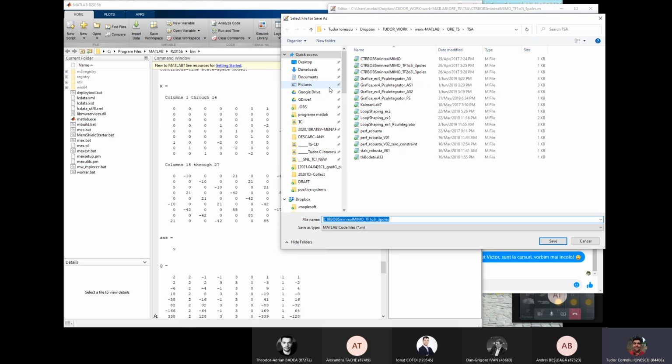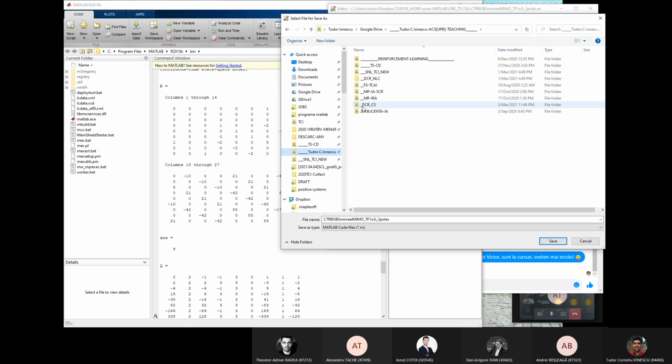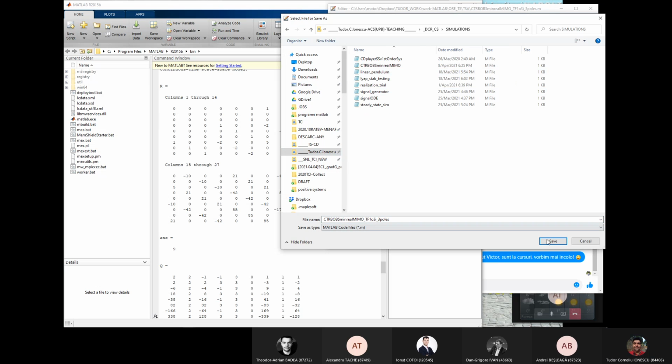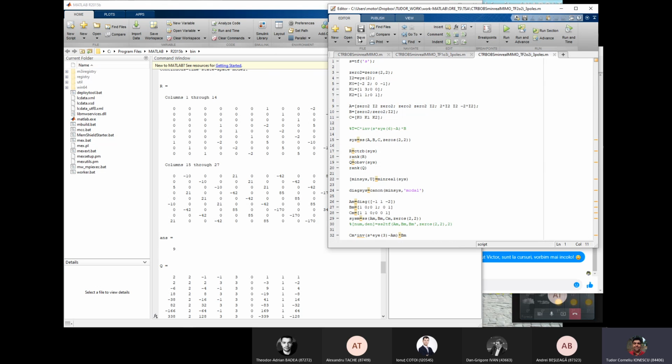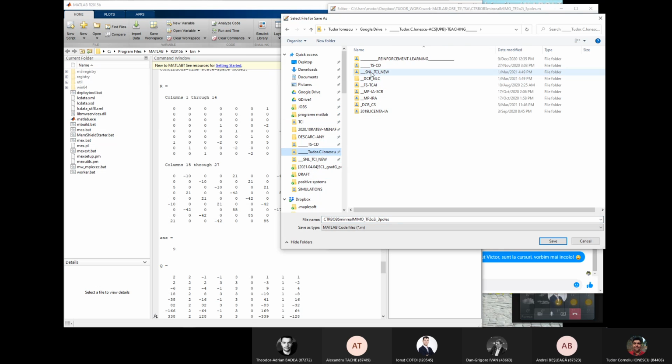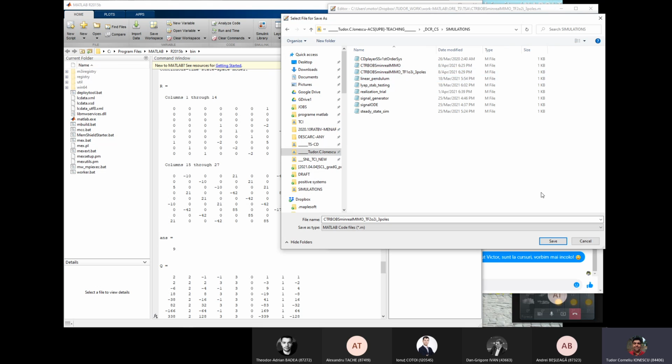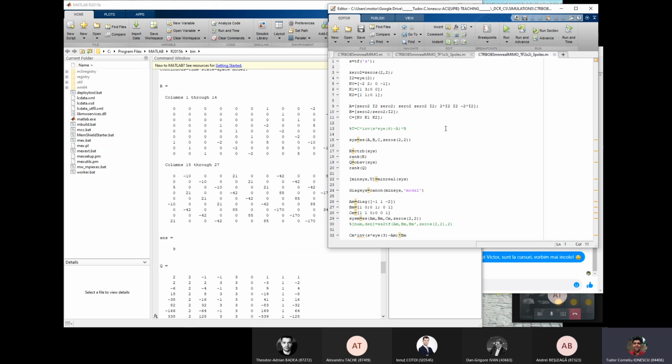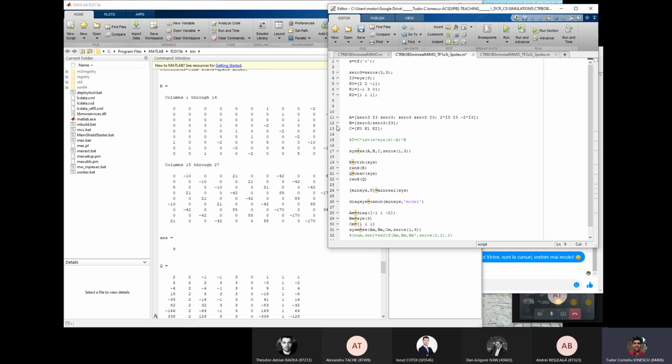Let me save them to our class. Okay, so they are saved now, so we can change stuff. This is the controller canonical form.